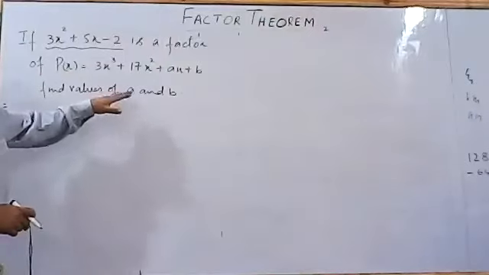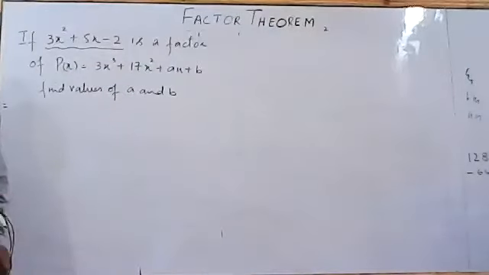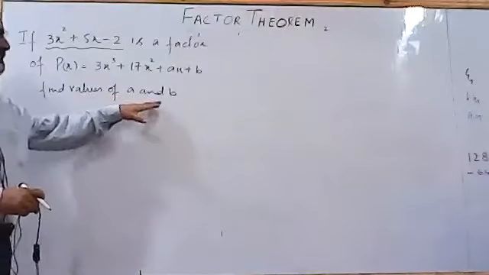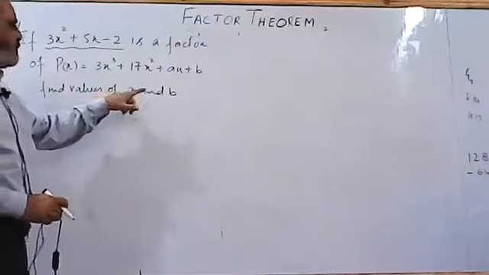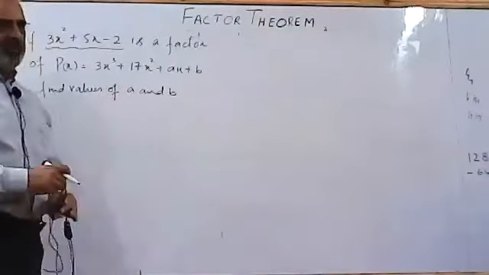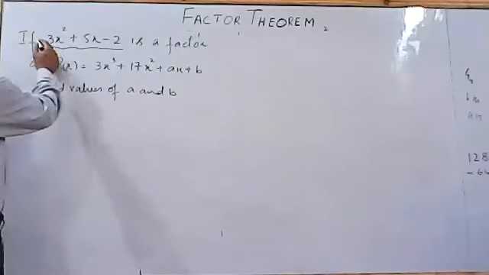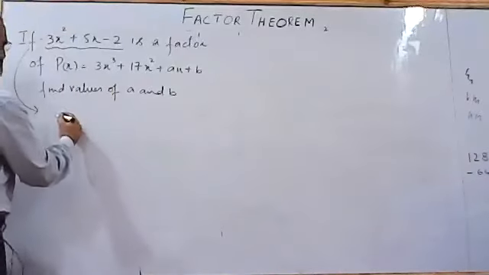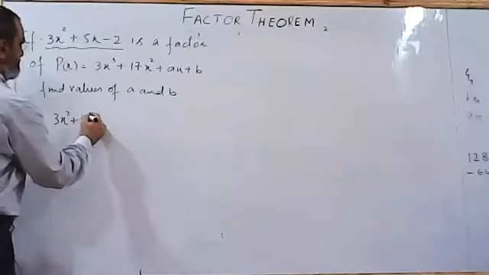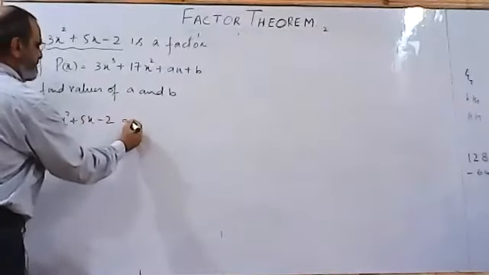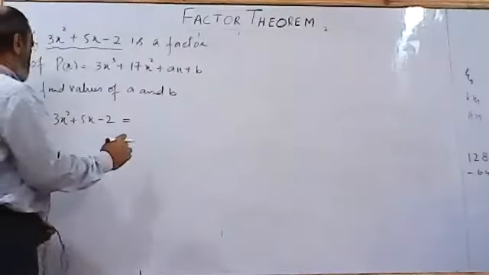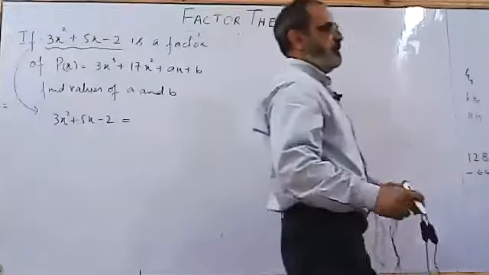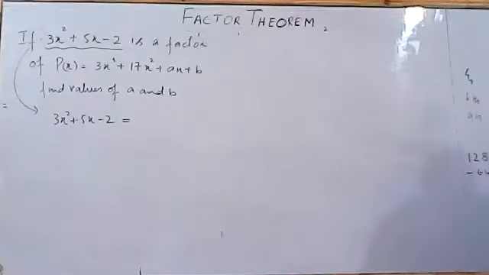To find the values of a and b, if I use the division technique in this case, I cannot find a and b together by that technique. Now, because there are two values, I need two equations. So for that purpose, I am going to factorize it. You have to use the basic technique of factorization.